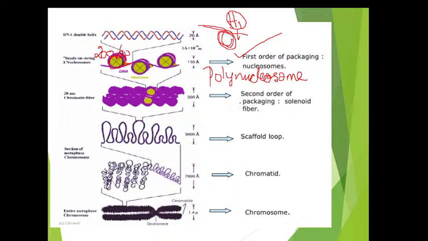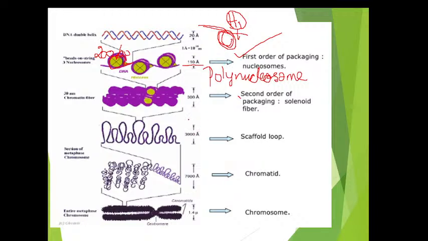Now, next level or second order packing of DNA. The first order only gives very little condensation as a result of the nucleosome. See, this has come only to this level, and again it has to be condensed.